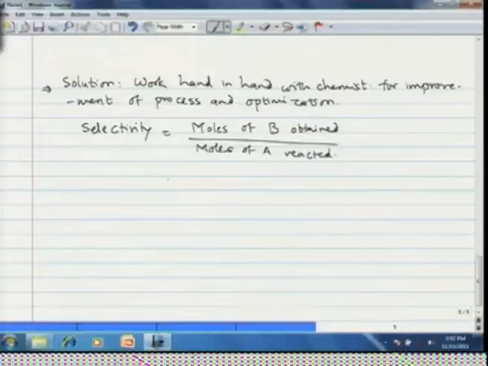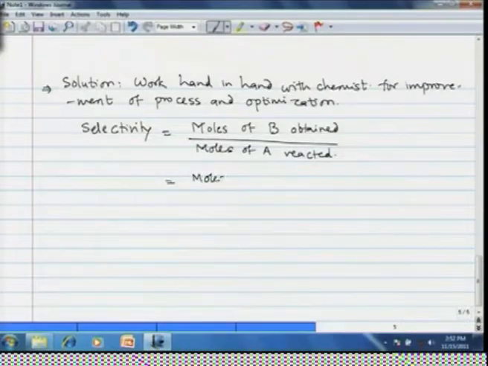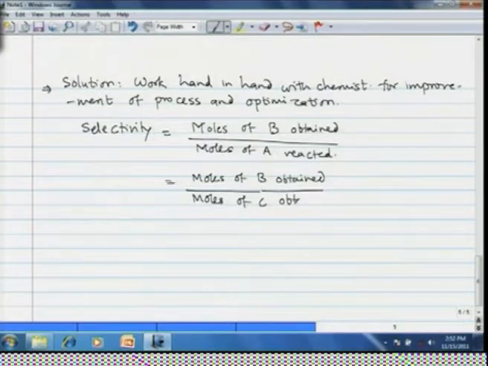Some engineers use the definition of moles of B obtained, that is the desired product, divided by moles of C obtained. Both definitions are correct. There is no hard and fast rule that you use any of the definitions.